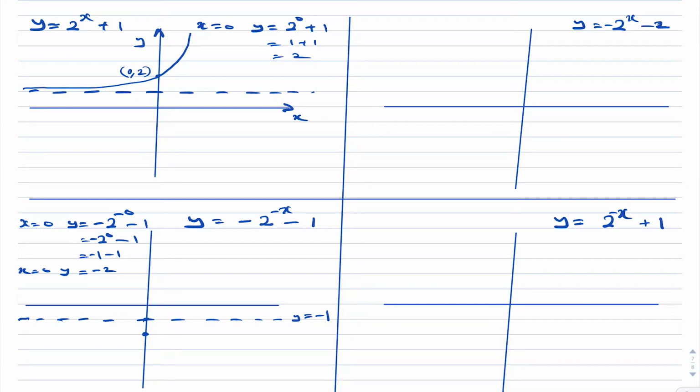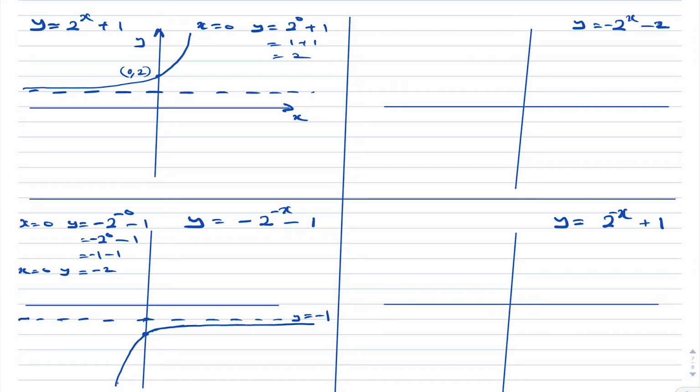So the graph is going to be approaching -2. Oh, sorry, -1, because the line of asymptote is -1. So we're going to come this way and approaching -1. You might get that before I got it, so there we go.